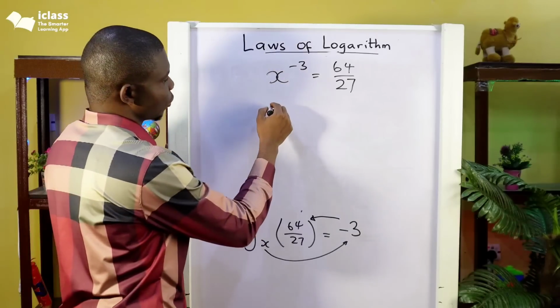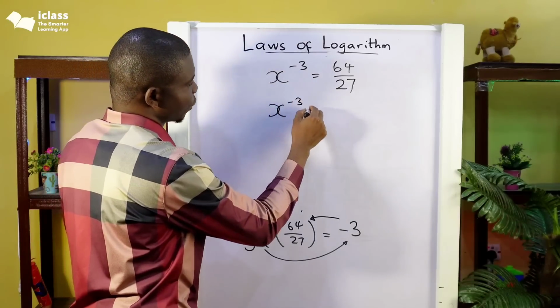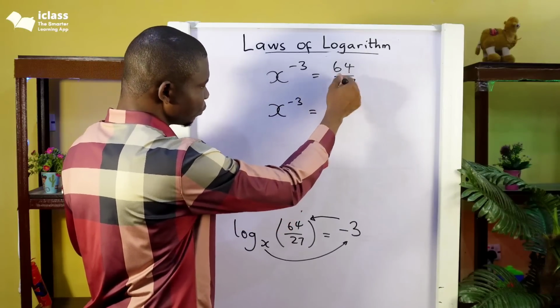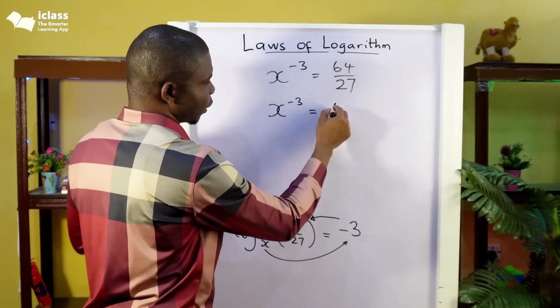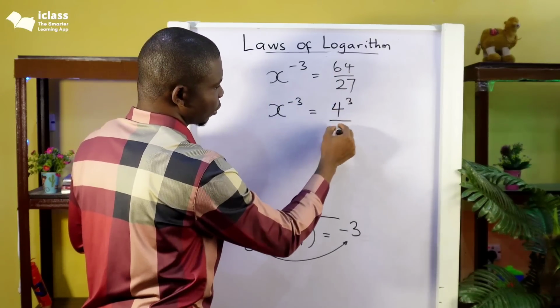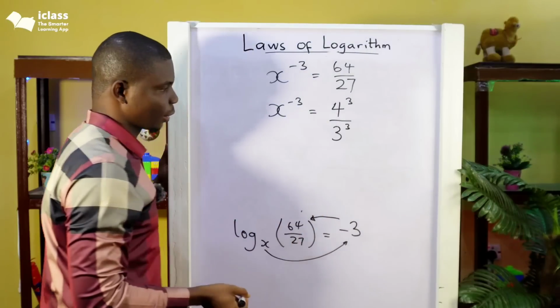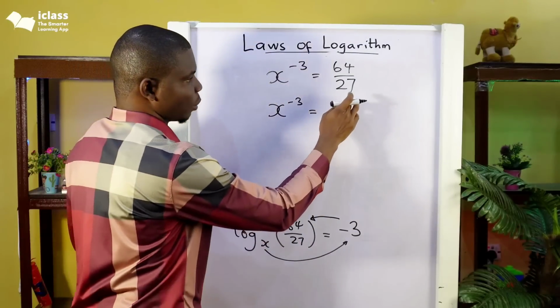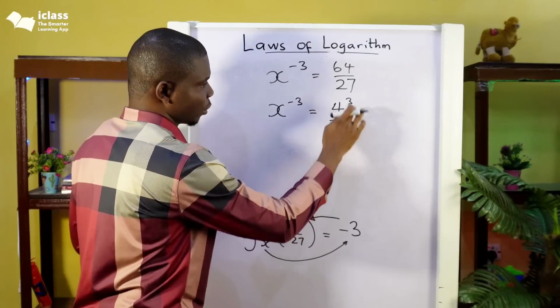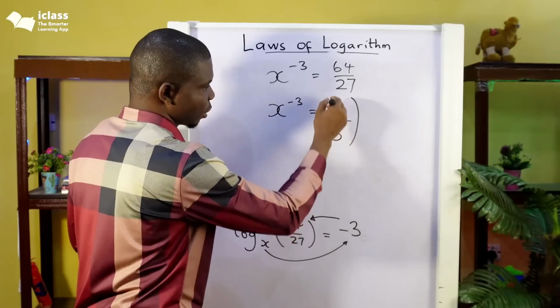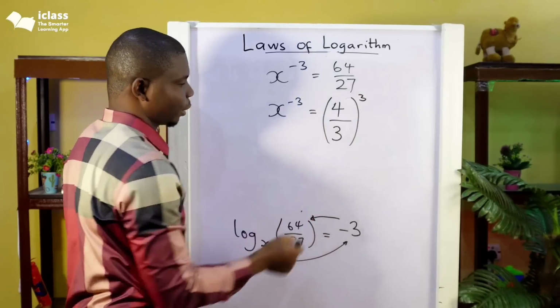Very well. So x raised to power minus 3 is equal to, this is 4 raised to power 3, then this is 3 raised to power 3, right? Since both of them have the same power, we can just group it like this. 4 over 3 raised to power 3.